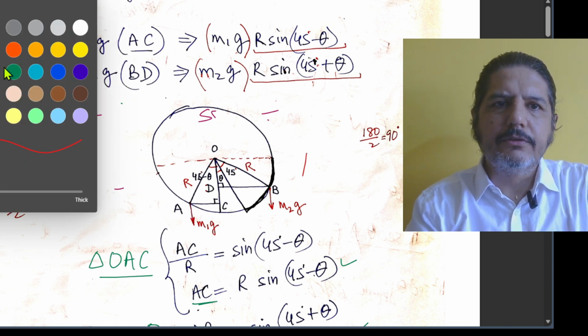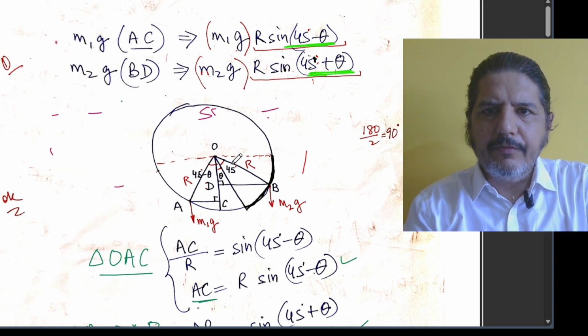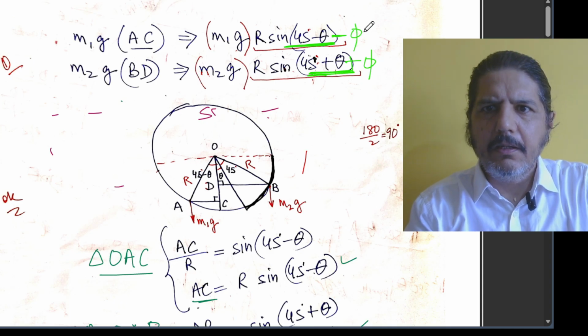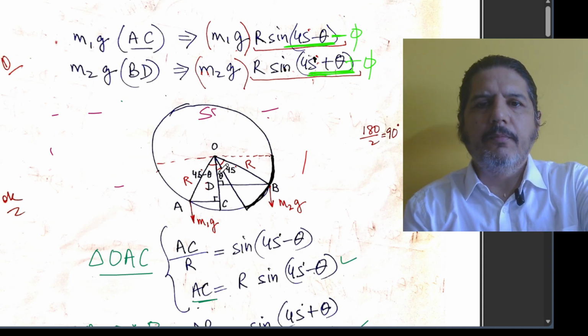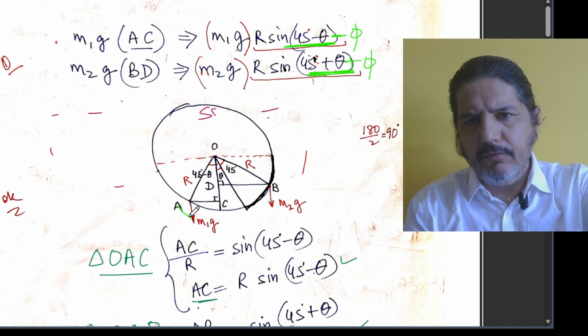All that you need to do is change this 45 minus theta, change this 45 plus theta. This 45 plus theta is getting replaced by 45 plus theta plus phi, and 45 minus theta is getting replaced by 45 minus theta minus phi, because this angle 45 minus theta is being decreased by phi, because this will move towards this.